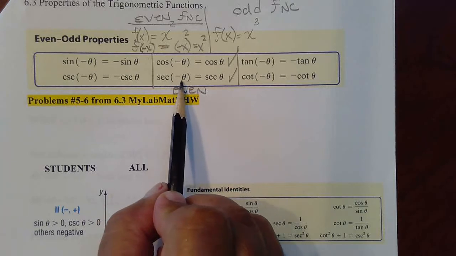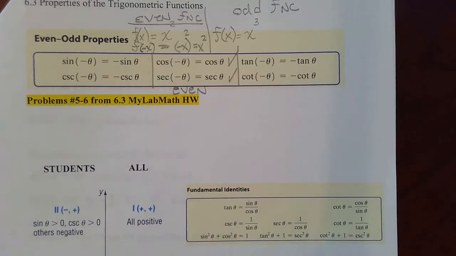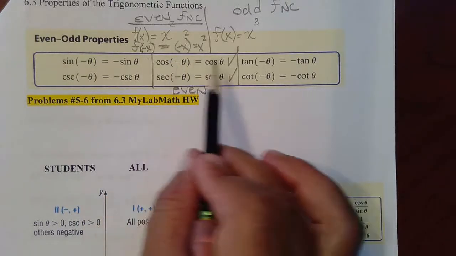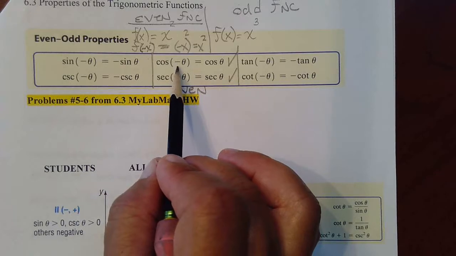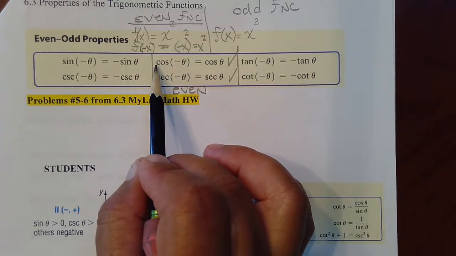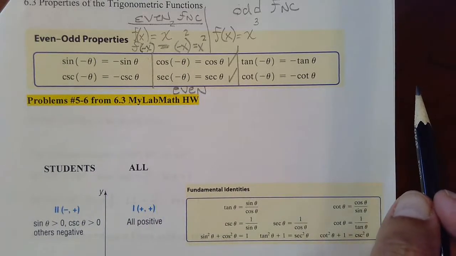When you do secant of a negative value, it's the same thing as doing secant of a positive value. So you can disregard the negative when you're doing evaluation problems where you're plugging something in here and then trying to give me the value. If I give you negative 60 degrees, you can treat it as though it's cosine of positive 60 degrees. All the rest of these are odd functions.